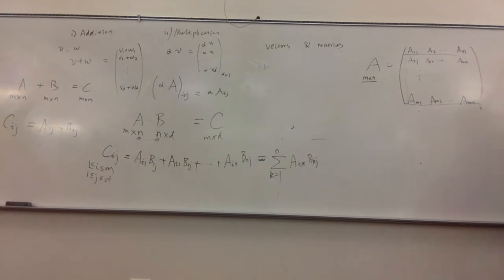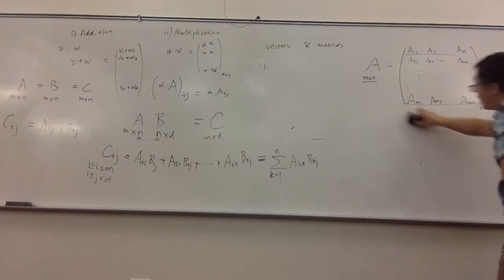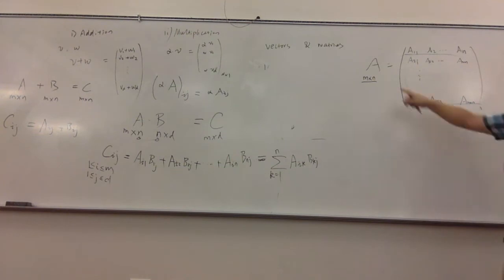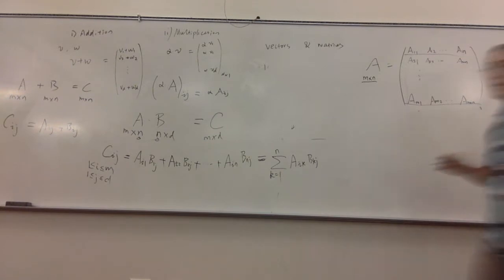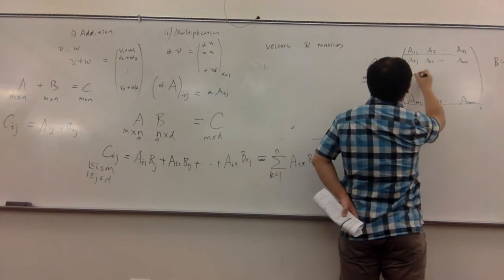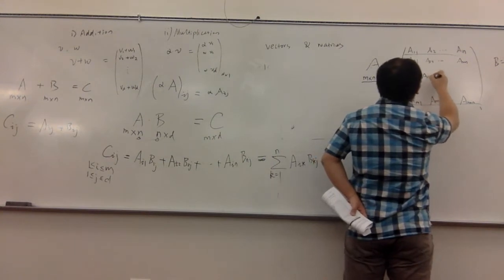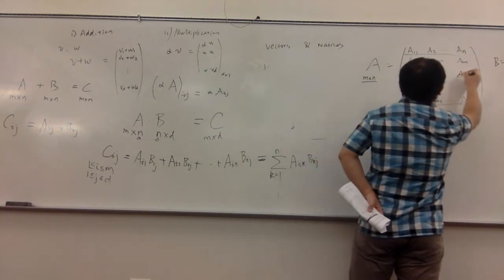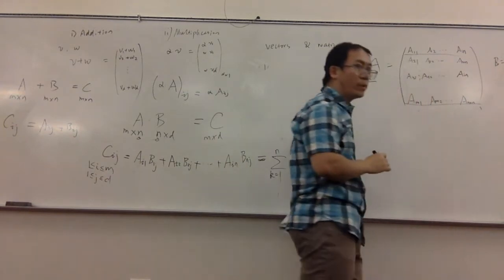In terms of matrix arrangement, element arrangement. So this is A, right? And let me write down B. B is another matrix. So we can look at the ith row in A. Let me write down here: Ai1, Ai2, Ain, right? It has n elements.